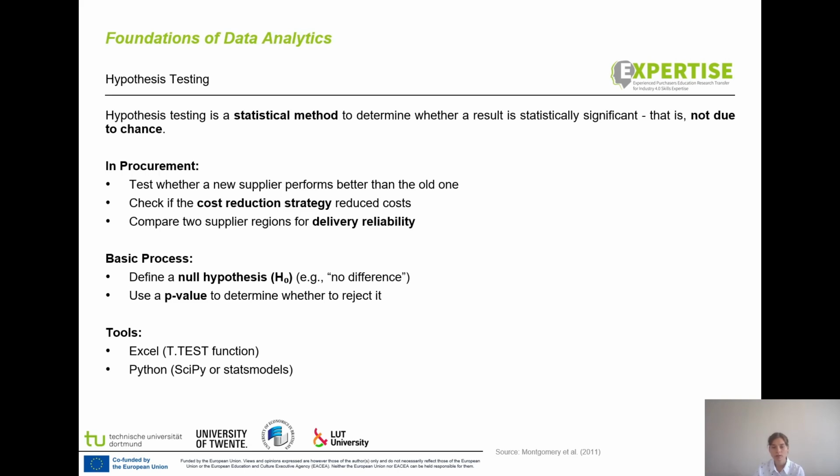In procurement, it can test whether a new supplier truly outperforms an existing one or whether a cost reduction strategy genuinely lowers expense. A low P-value, usually lower than 0.05, indicates that the difference is statistically significant and the null hypothesis can be rejected, meaning it is unlikely that the measured difference occurred randomly.